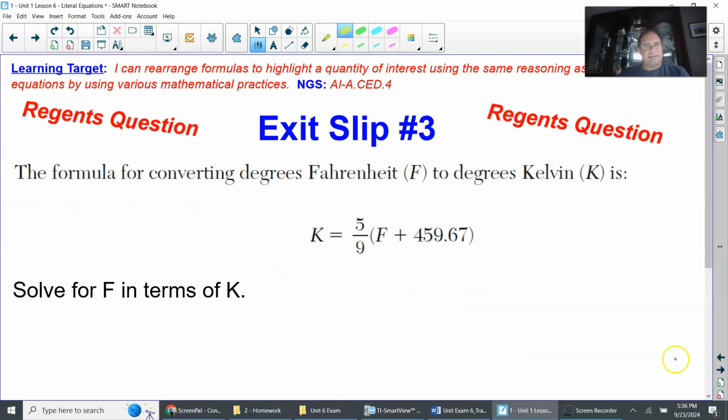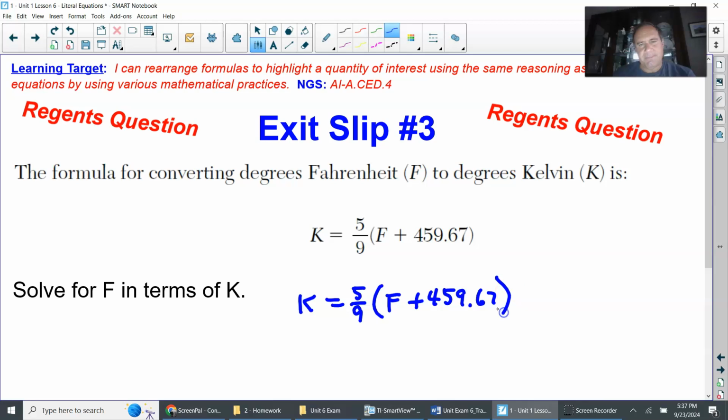And the last exit slip, again, I'm writing in a highlighter. So, again, is K equals 5 over 9 times F plus 459.67.